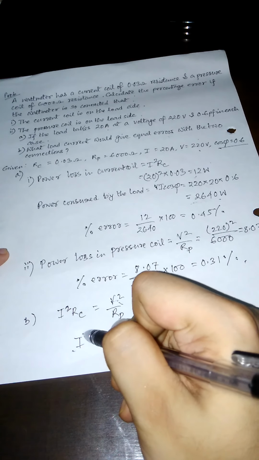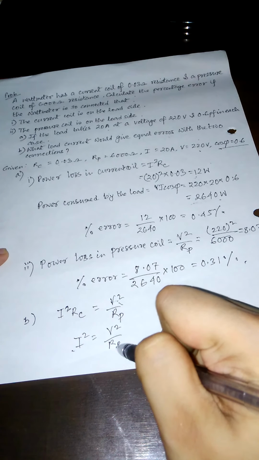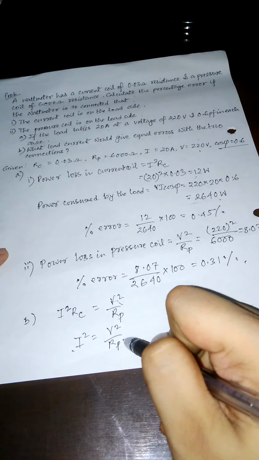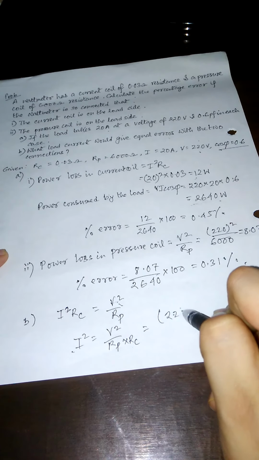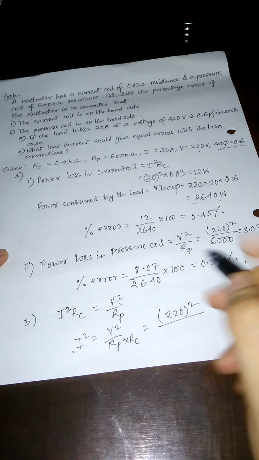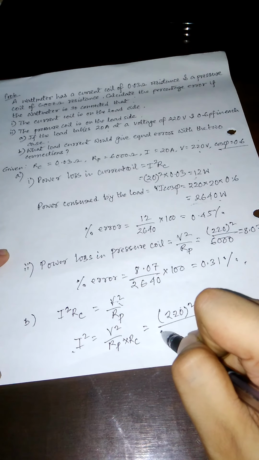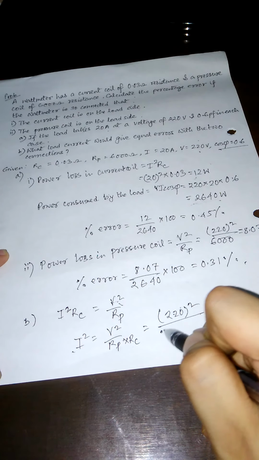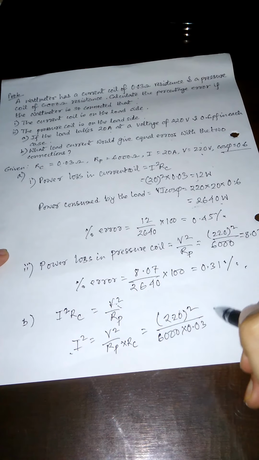So I square will be V square by RP into RC. That means 220 square divided by RP, where RP is 6000 and RC is 0.03 as per our problem.